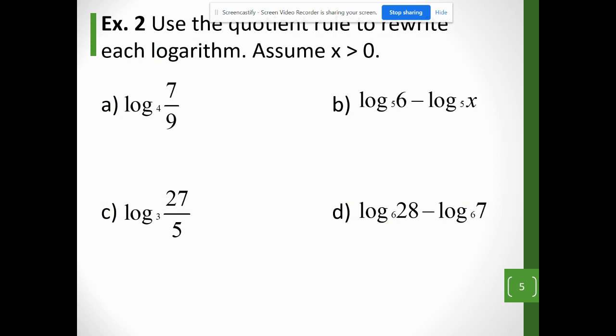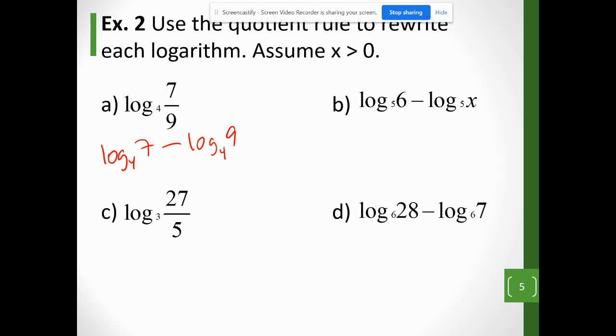So looking at the quotient rule, the way I'm going to do this, I'm going to split this as log base 4 of 7 minus log base 4 of 9. Right. 7 over 9 is 7 divided by 9, and that I split as a subtraction of 2 logarithms.